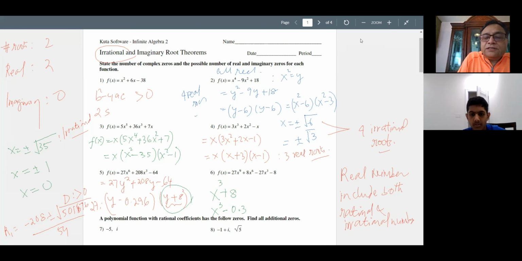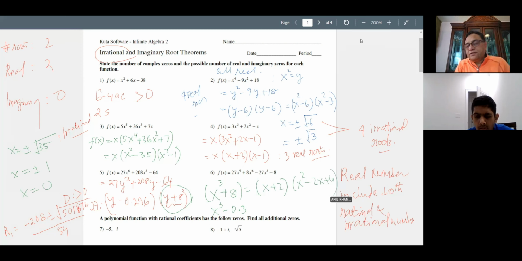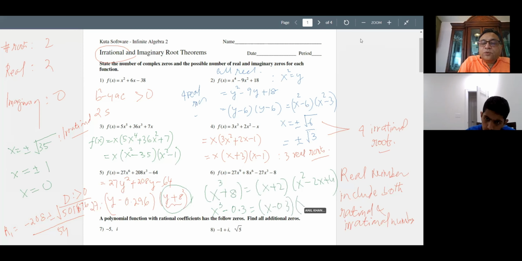So x cubed plus 8 equals x plus 2 times x squared minus 2x plus 4, correct? That is how you will factor it. The other factor, x cubed minus 0.3, can be factored as x minus 0.3 times x squared plus 0.3x, and then 0.3 squared is 0.09.